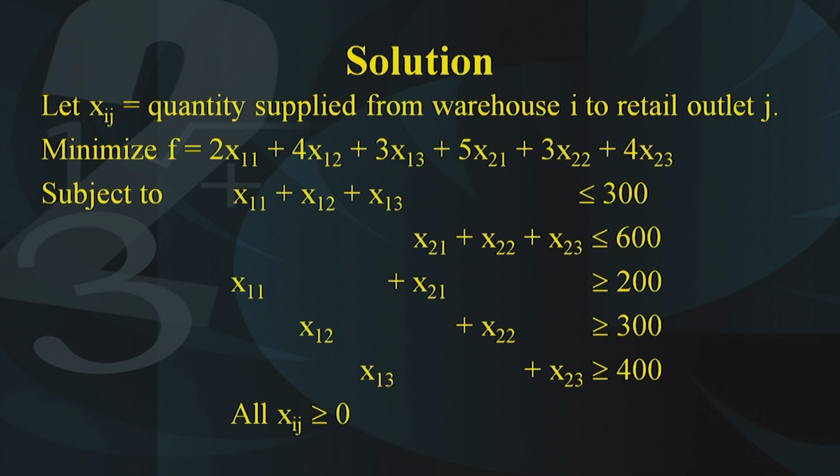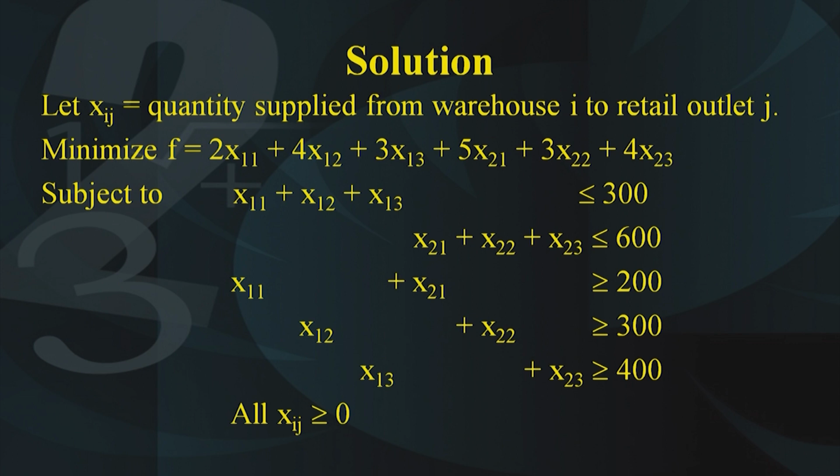Now, where have these coefficients come from? These coefficients have come from the data given in the problem, because the data given is corresponding to only one unit, but here we have xij units. So, in each of the terms we have to multiply and then finally take the sum.